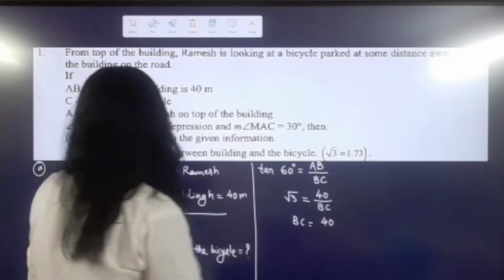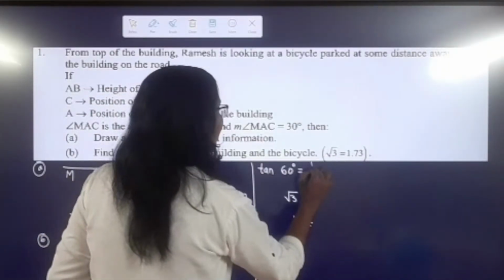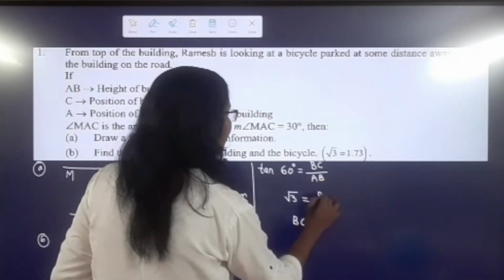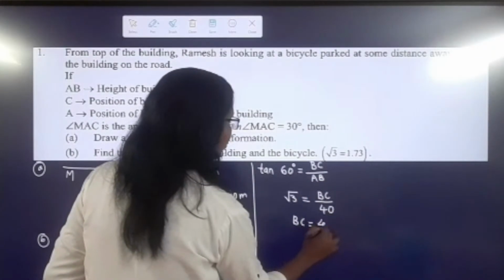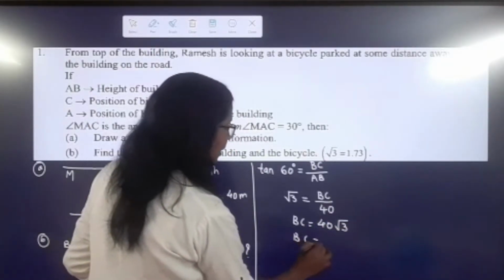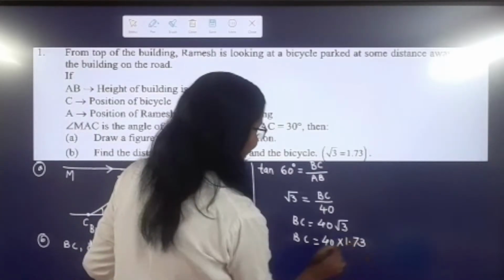Sorry, students. BC upon AB here, students. BC upon AB. So here BC upon 40. So here, students, BC is equal to 40 root 3. So here BC is equal to 40 multiplied by root 3, that is 1.73.